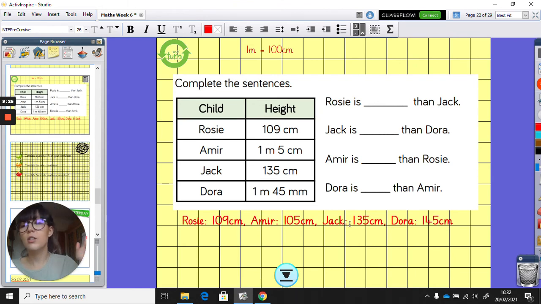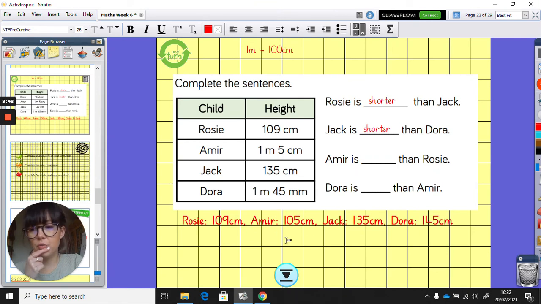Who is taller? So Jack is taller. So Rosie is shorter than Jack. So Jack is 135 and Dora is 145. So Jack is shorter than Dora because I think Dora is the tallest, isn't she? Amir, 105, is how much than Rosie?